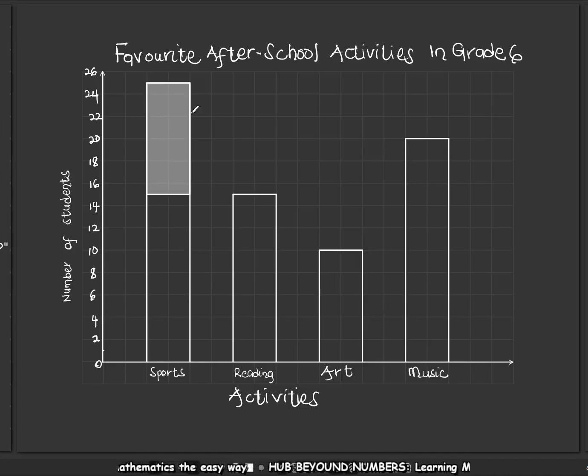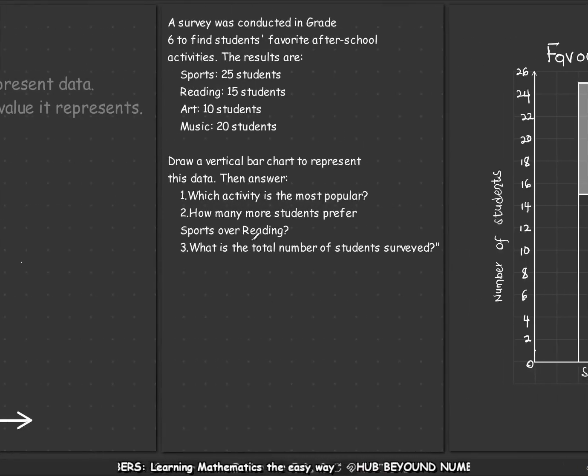You see, and how do we get to this? It is 25 from the frequency of sports minus 15, that is from the frequency of reading. And 25 minus 15 gives us a 10. You see, so that is just that for that question.